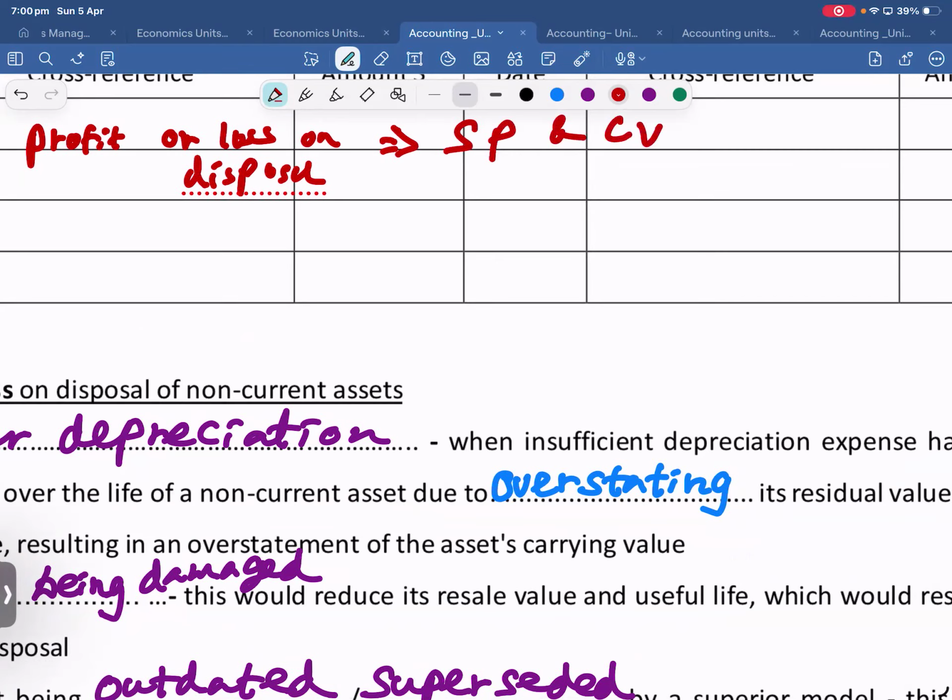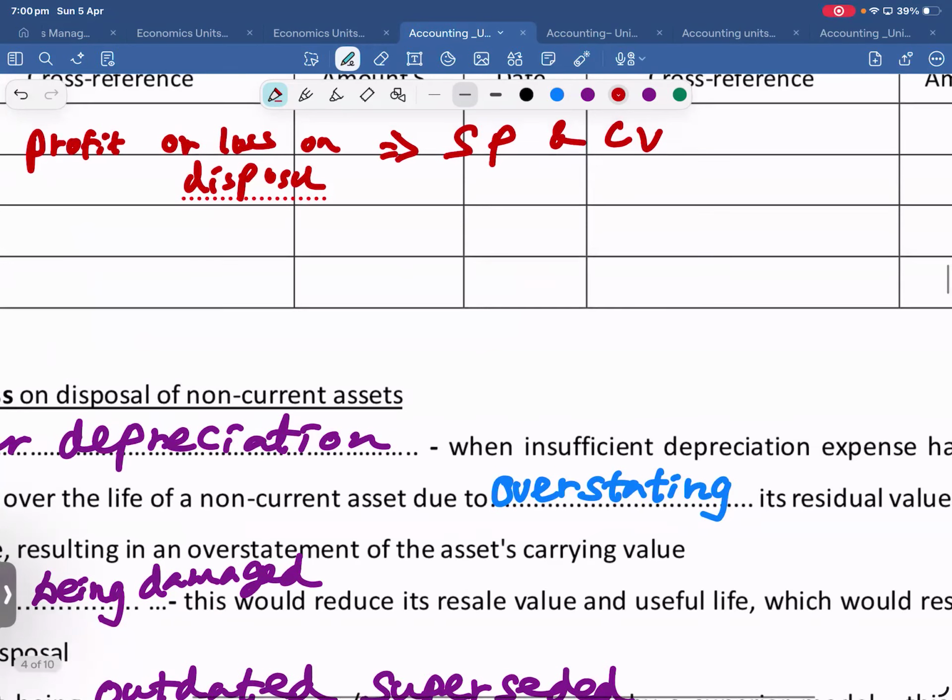Selling price, let's say we can't change. Carrying value is the one we can change. Let's take one thing at a time. Maybe a loss on disposal. Where would we make a loss, guys? Is the selling price greater than or lower than the carrying value? Lower than the carrying value.